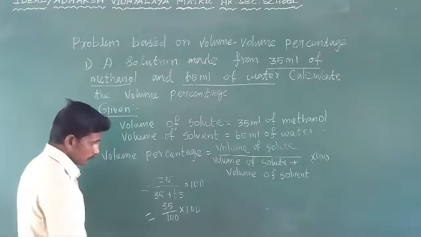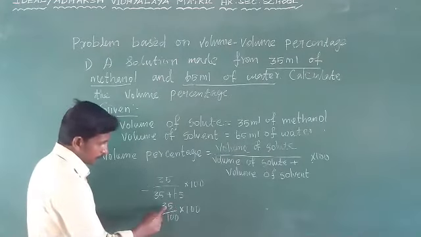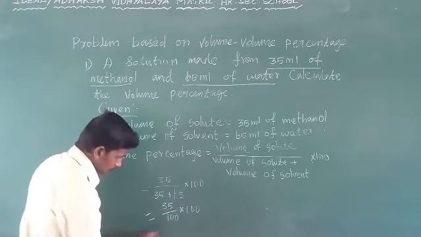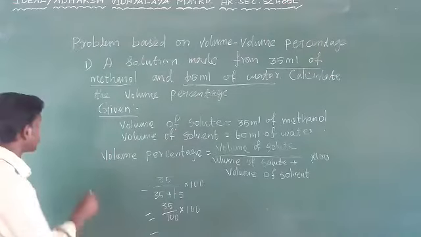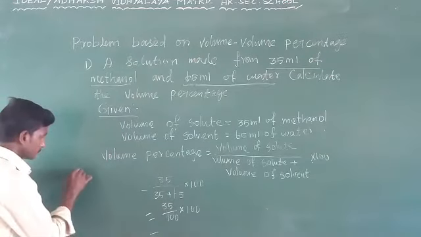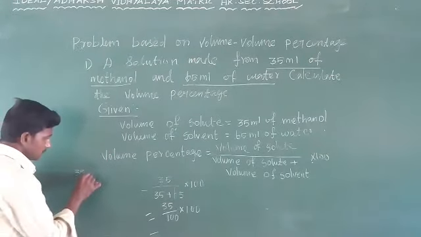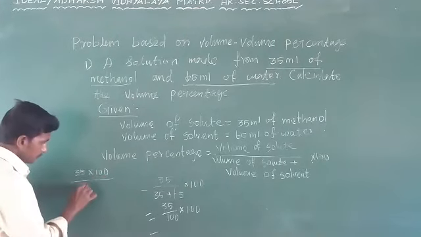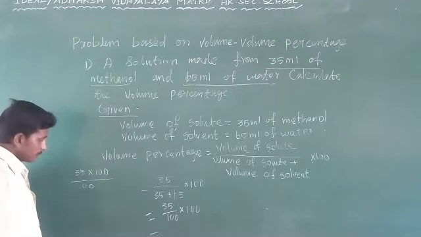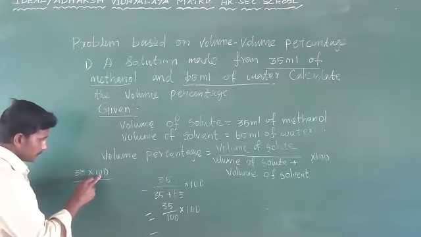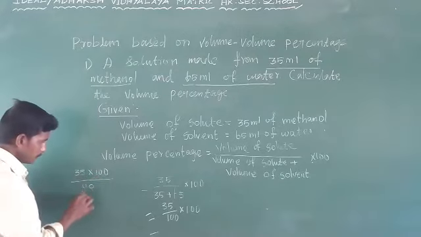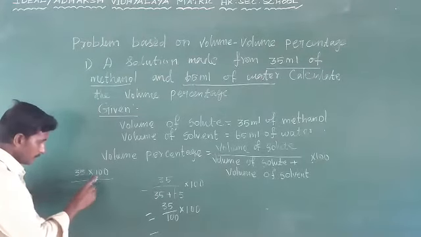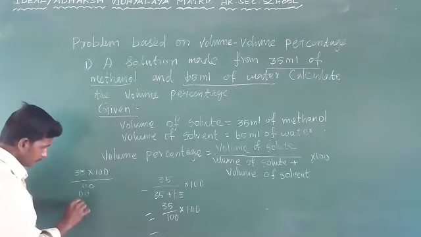Now to simplify further, first multiply 35 into 100. Multiplying by 0 gives 0, again by 0 gives 0, and then multiplying by 1 gives 35.